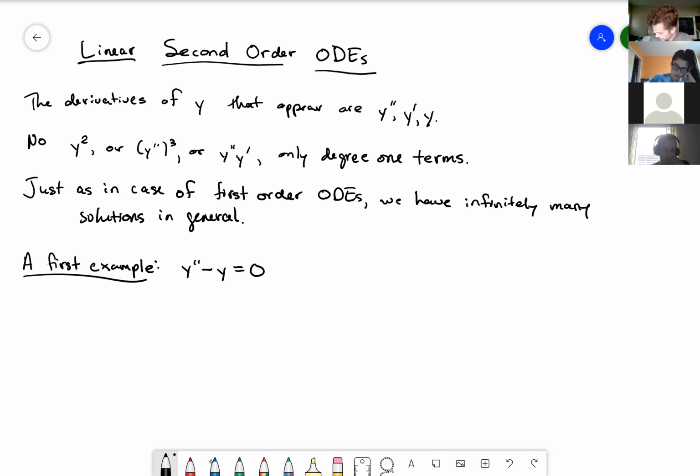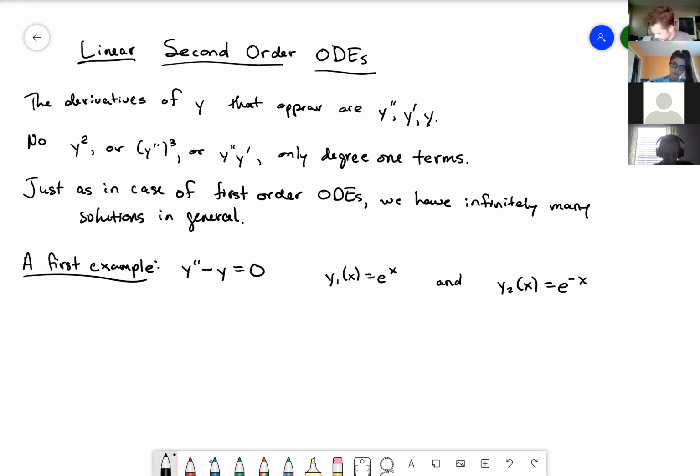So we're going to propose a couple of possible solutions. y1 of x equals e to the x, and y2 of x equals e to the minus x.